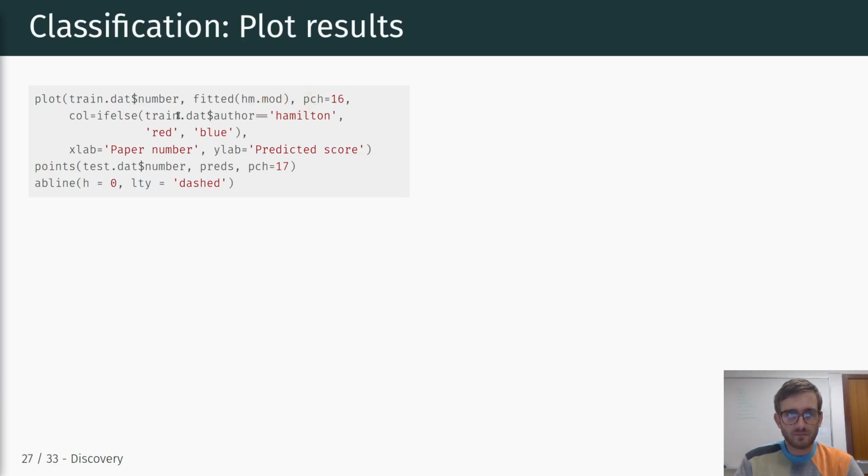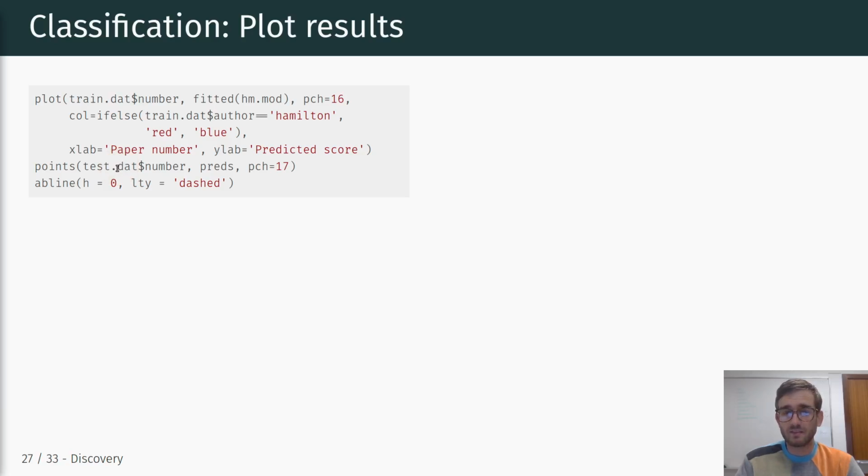And then we identify documents written by Hamilton as red and documents written by Madison as blue. And then we add additional data points for our test set.